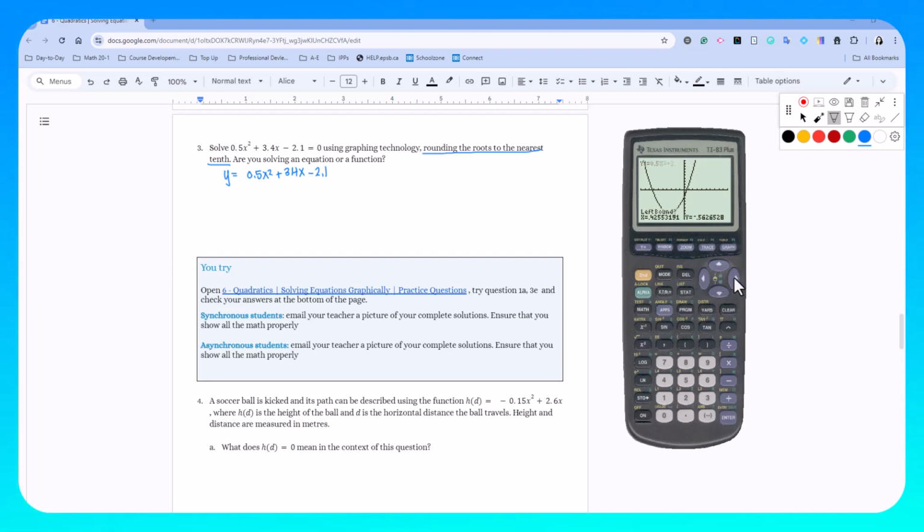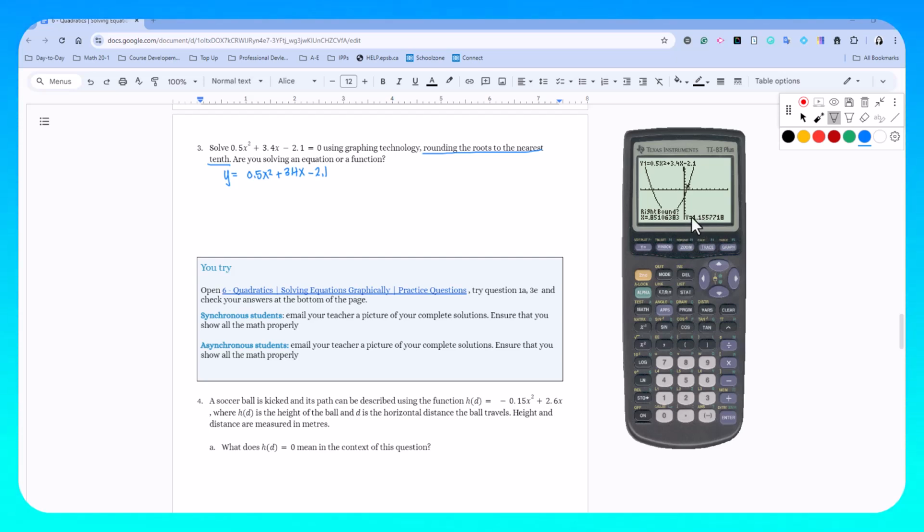So the first thing, we're going to go a little to the left of a 0. So this point right here, this is to the left. If I drew a straight line through that x-intercept there, that one is to the left. We hit enter. Notice the y value is negative. Now we're going to keep going left. It actually is now above the x-intercept, so now the y value is positive.